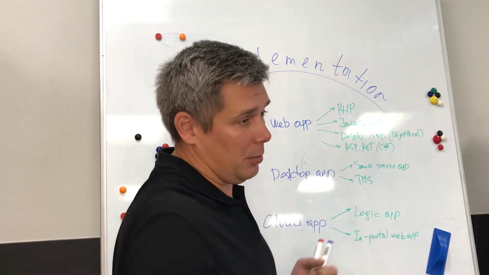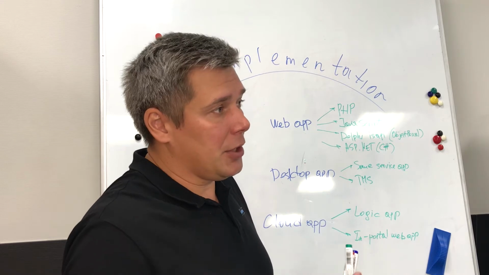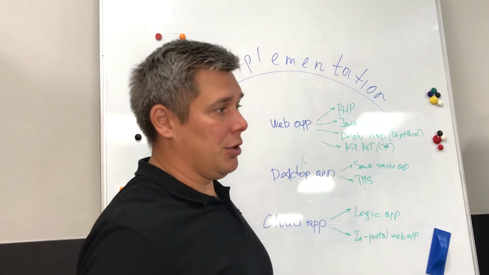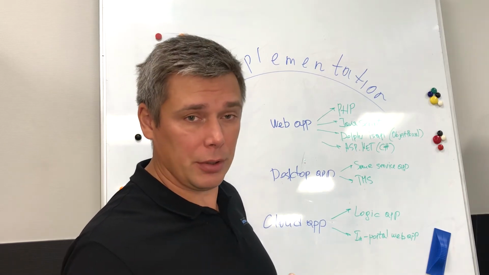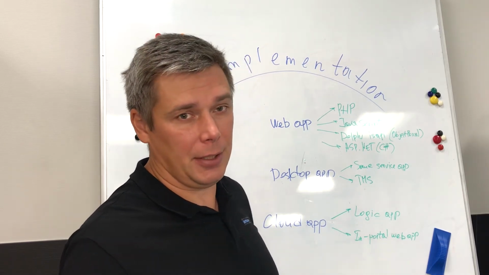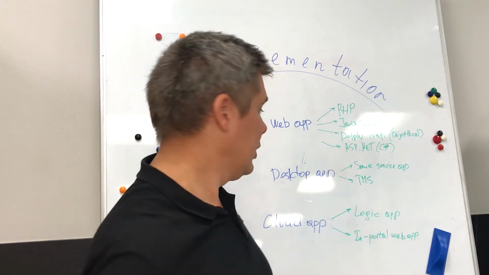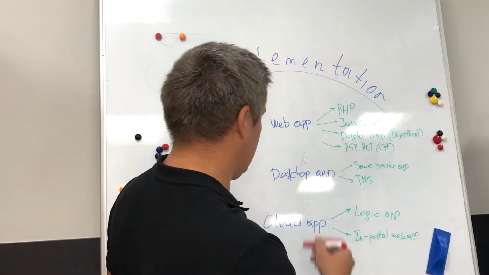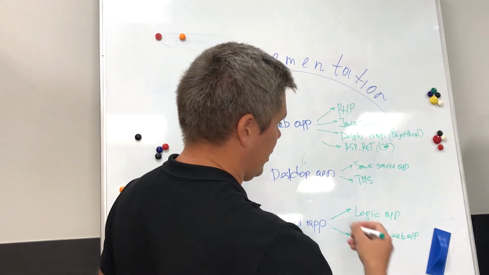Another one, we can implement it as a desktop application where we have some executable or service which will be started, and the service will have, for example, an open port, for example 8080, and all your entry points will go through this port. It can be some service application, as I said.